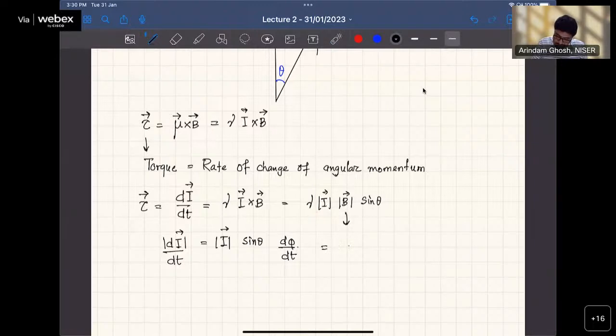This is going to be gamma times I times B sine theta, correct? And then the sine theta will cancel, and this I is going to be cancelled. So I find here d phi/dt on my left side, and gamma times the magnitude of B on my right side. But what is d phi/dt?